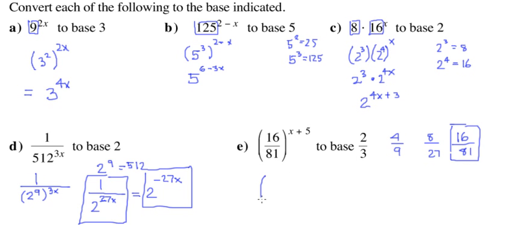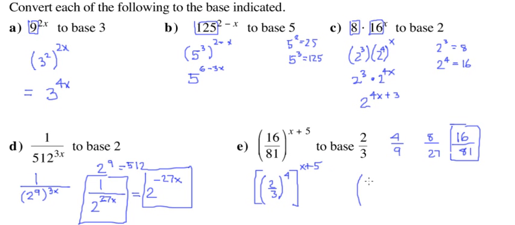So we have 2/3 to the 4th. I need an extra layer of bracketing here. There we go. 2/3 to the 4th power is 16/81, and then all that is to the x plus 5th power. These are stacked exponents, so you multiply them, you get 4 times x, and you get 4 times 5.